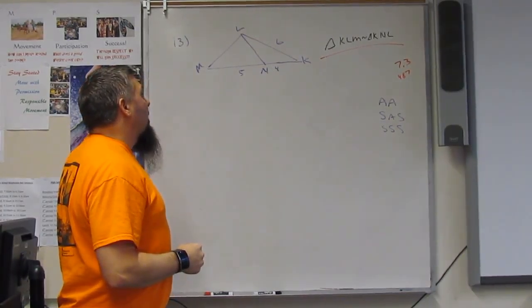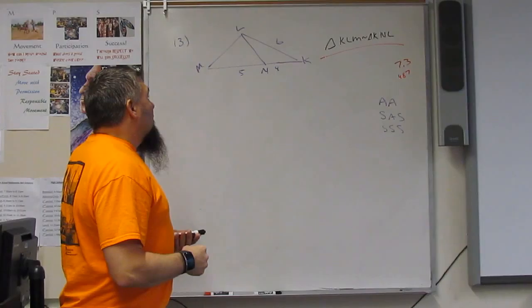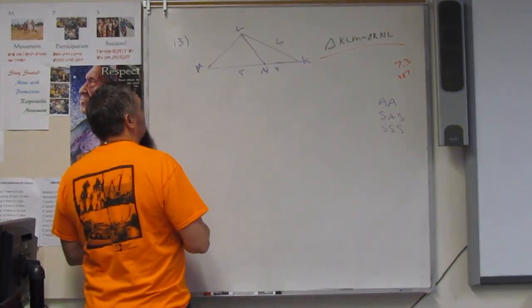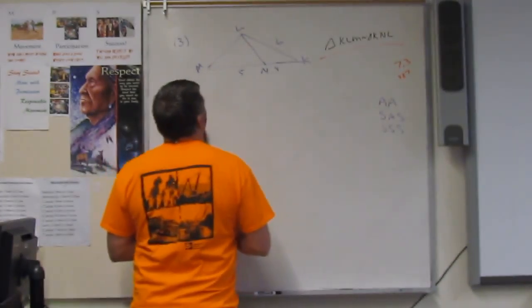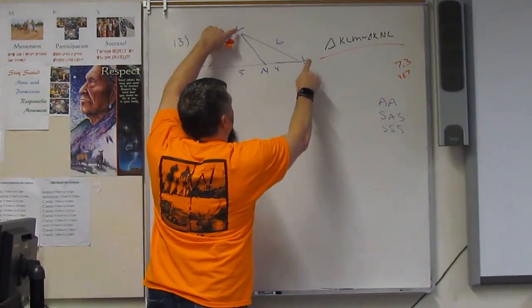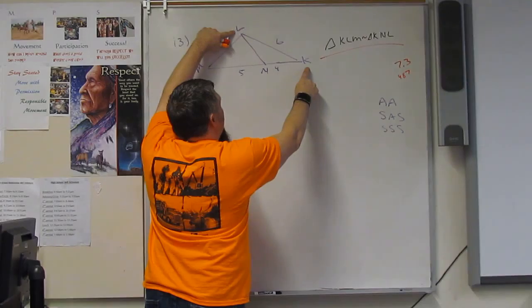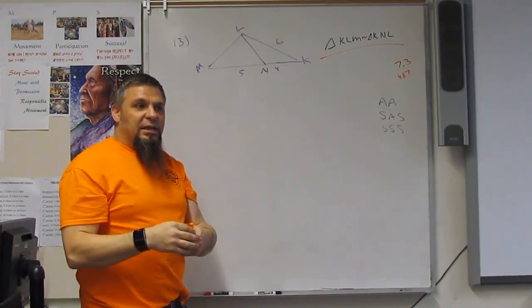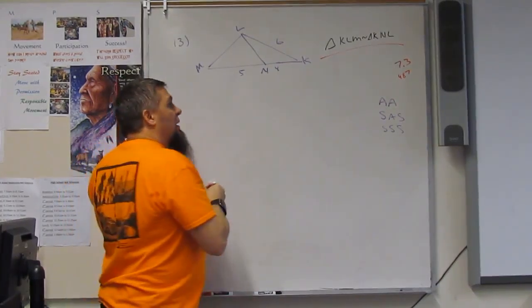Okay, so KLM, and so I look at KL, and I'm looking at that one, and KN, and I'm looking at that one. So I need to get an understanding of both of these triangles.